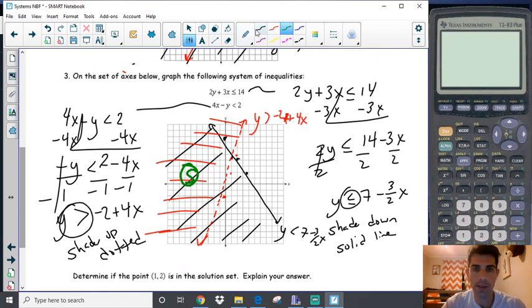Now this one has a second part to it, and what do they want to know? They want to know, is the point 1, 2 in the solution set?